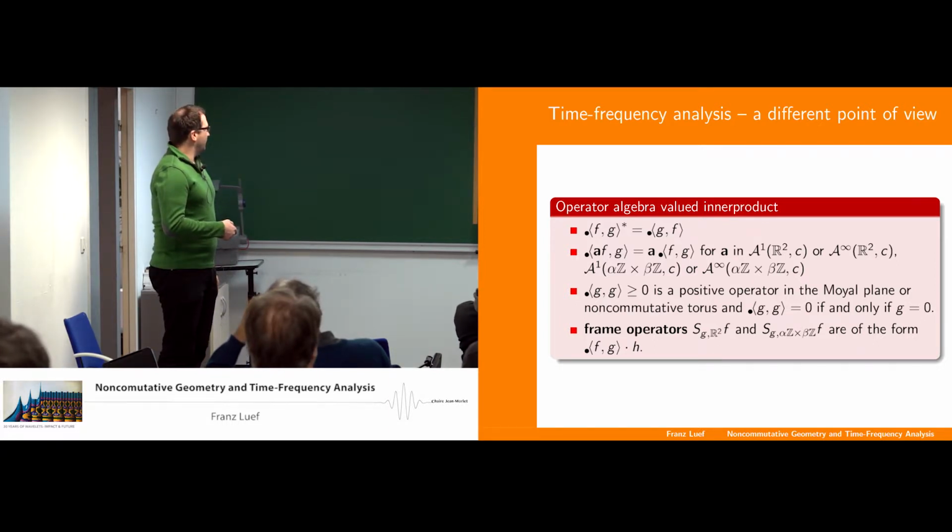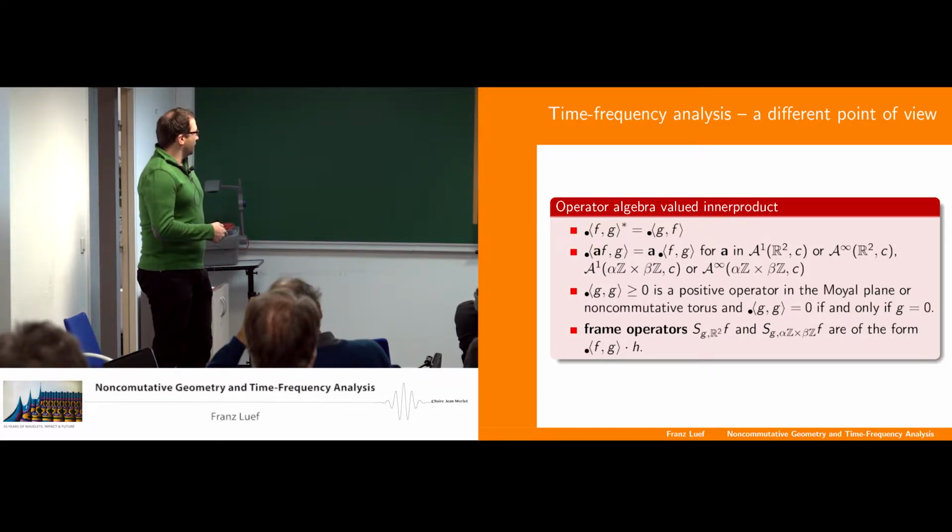And the other thing is, we had this action before. So if you plug this action into this inner product, you can pull it out, which again amounts to a twisted convolution of this sequence A that gives you the operator with V_g f. And everything is nice.